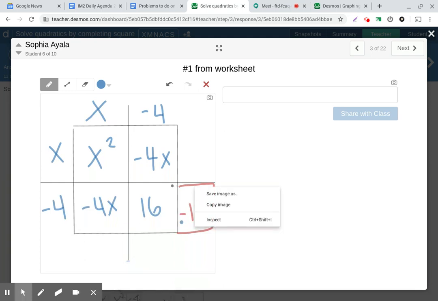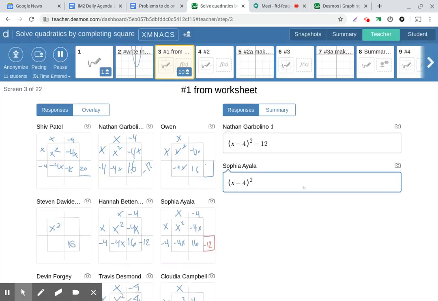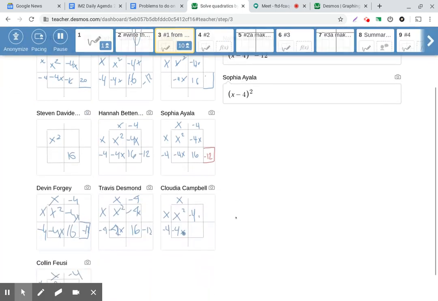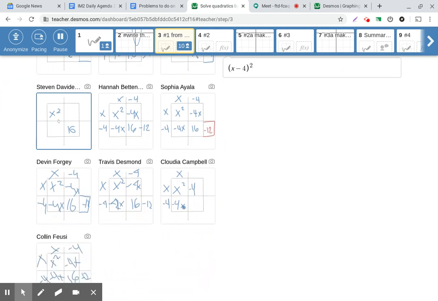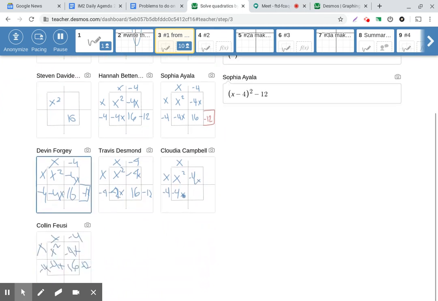And you can actually circle both the 16 and the minus 12, like that, so that you're saying those two together equal 4. And then write the equation on the right side. Okay. Good.